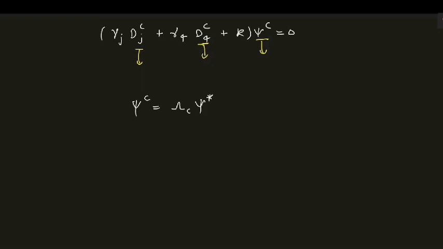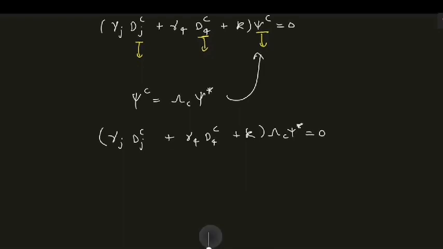Because charge conjugation is an anti-linear operation. Lambda c we don't know; we will calculate it later. Till now we can just take this form. Replacing this in the equation, you have gamma j D_j c plus gamma 4 D_4 c plus kappa times lambda c psi star equals 0.